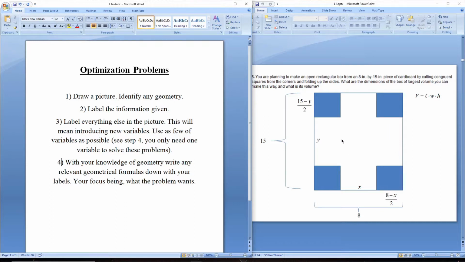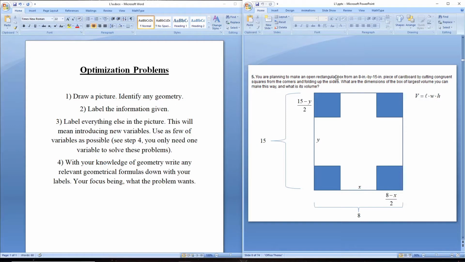You're not going to use the formula for a triangle because there's no triangle here, but we're going to have rectangles. And I also say your focus is going to be on what the problem wants. And what does the problem ultimately want here? It wants to know what are the dimensions of the largest volume that we can make.